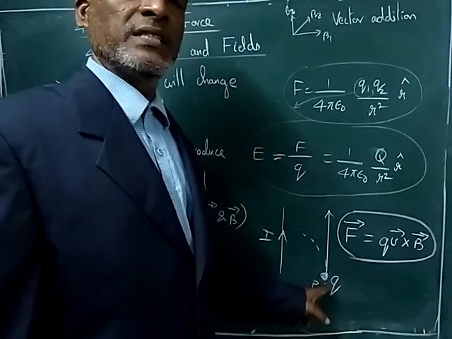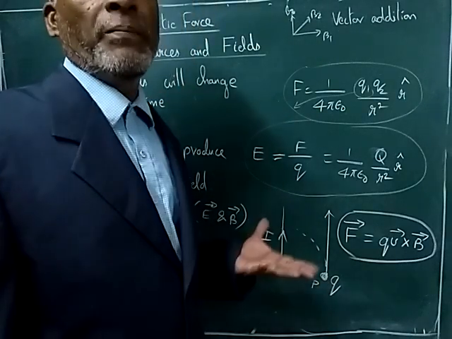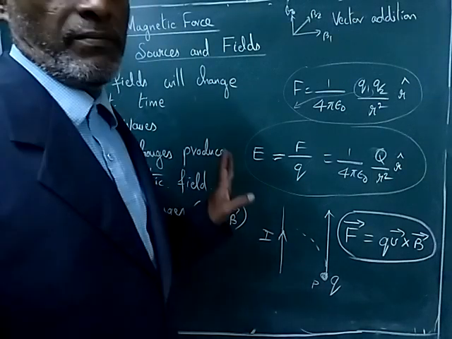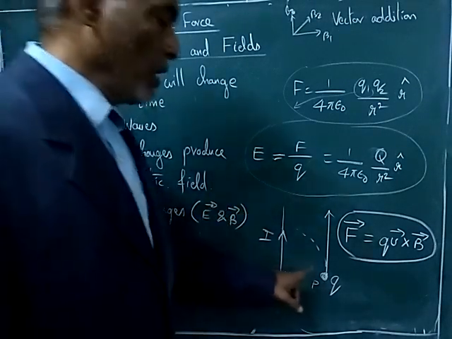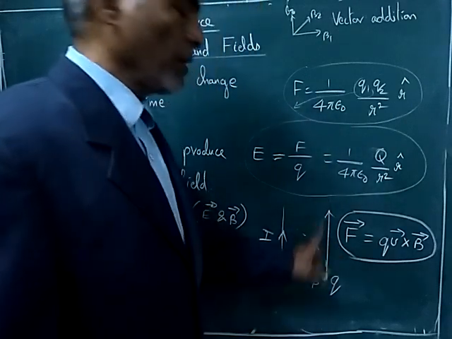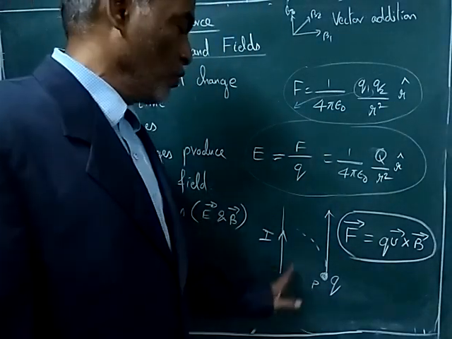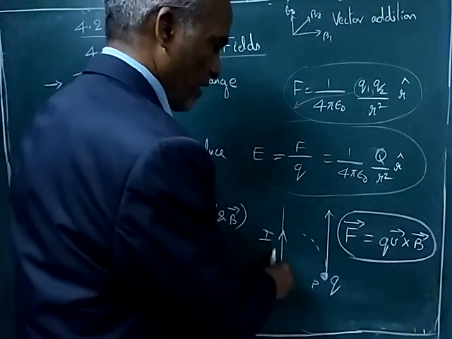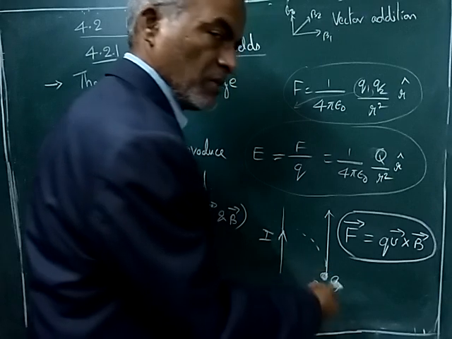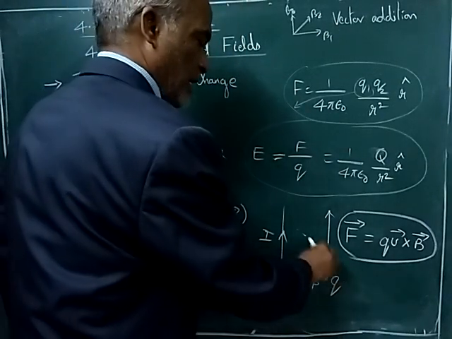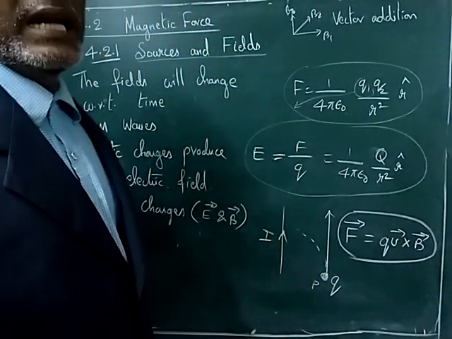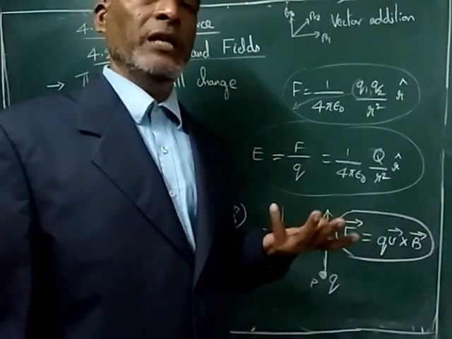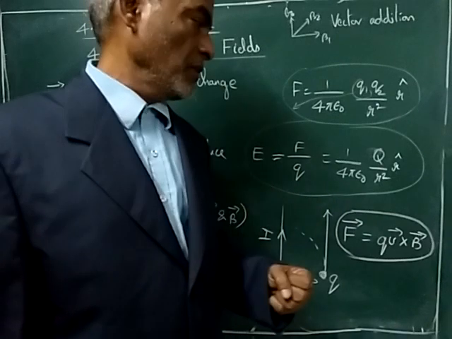If it is at rest, then there are no moving charges, that means there is no magnetic field. Only when the charge starts moving does it experience a force from this conductor. Assume this is a negative flow of electrons and the charge is positive, then it will be attracted towards this. The attraction is due to a magnetic force. How is a magnetic force created? Because of a magnetic field.